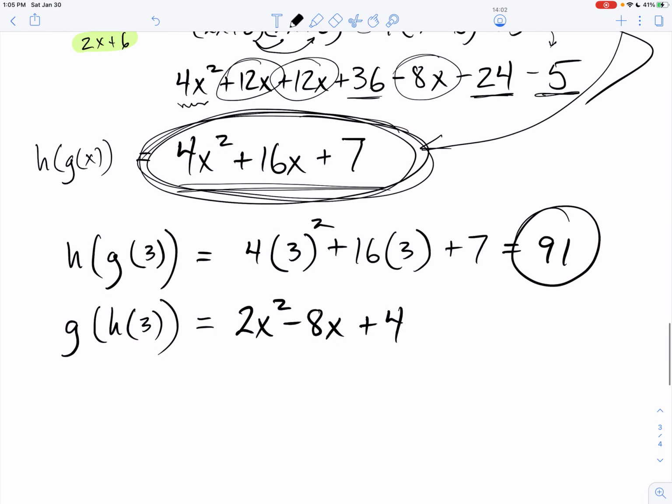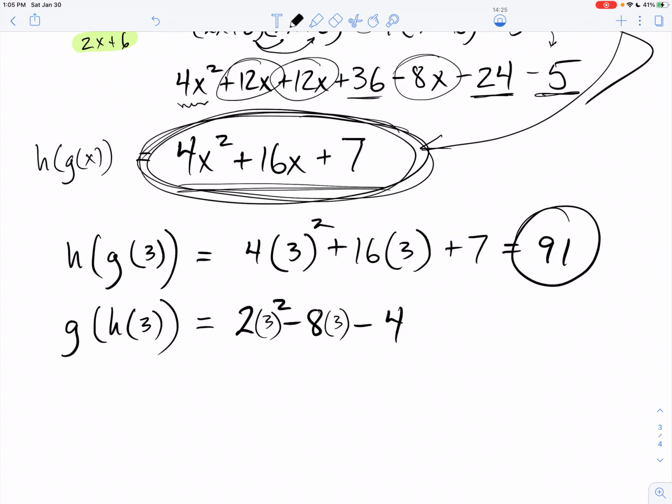Oh, minus 4. Don't want to blow that. So what does this mean? It means, replace all of these x's with 3's. See, it's substitution. Don't make your life harder than it has to be.